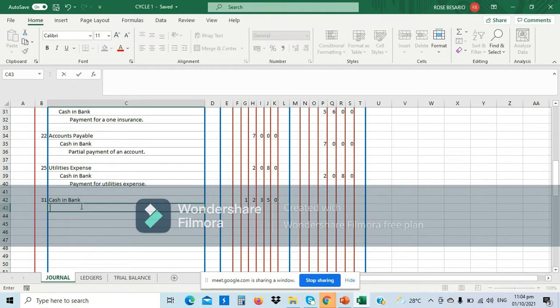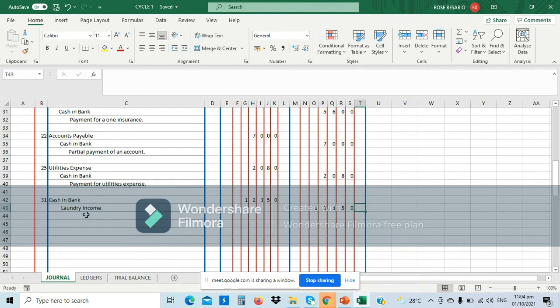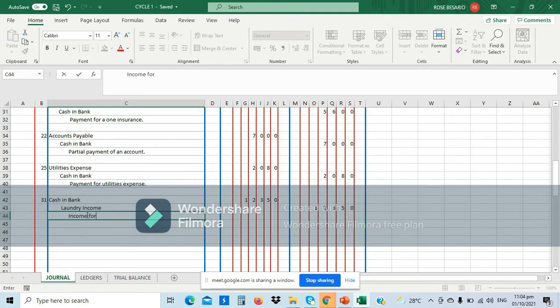Then we have laundry income of 12,350. Then our explanation is income for the second half of the month. Okay, you just get the explanation from the transaction given in the problem. Then leave one space.